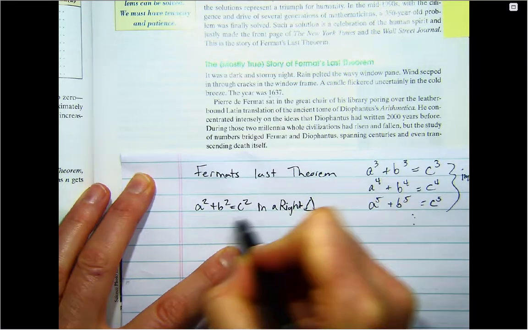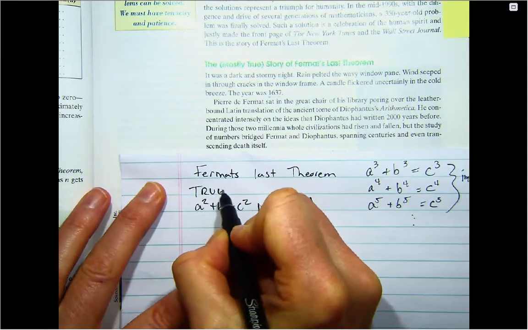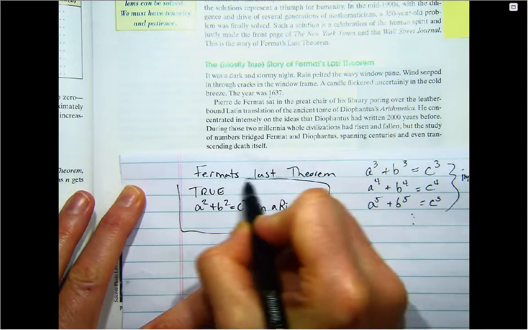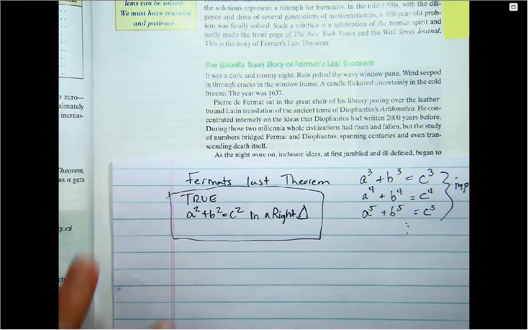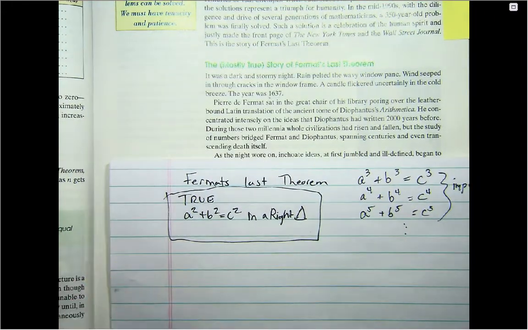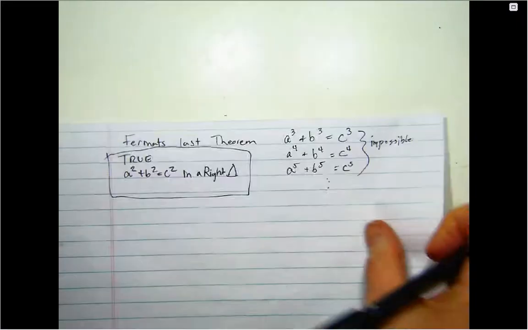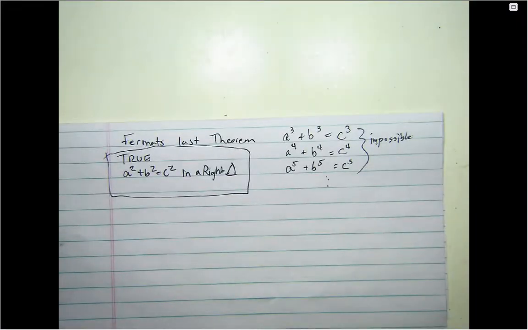So this we know is true. Pythagoras gives us one proof. So that we knew is true. But this other, Fermat figured out, is impossible. So the highest exponent you can get in this kind of pattern is 2. It will be impossible to find any cubes.